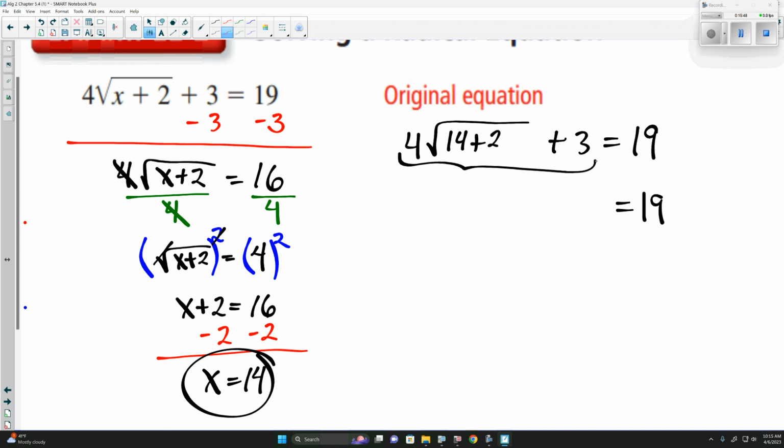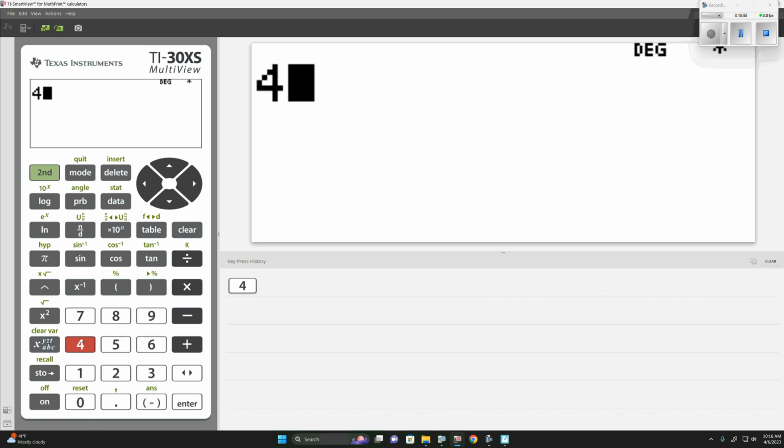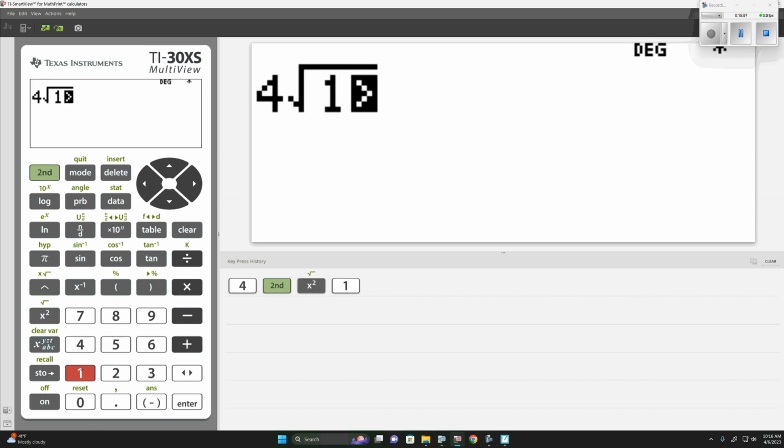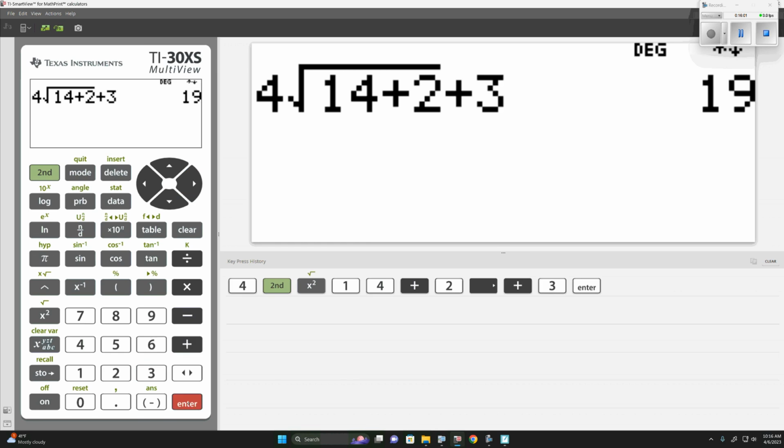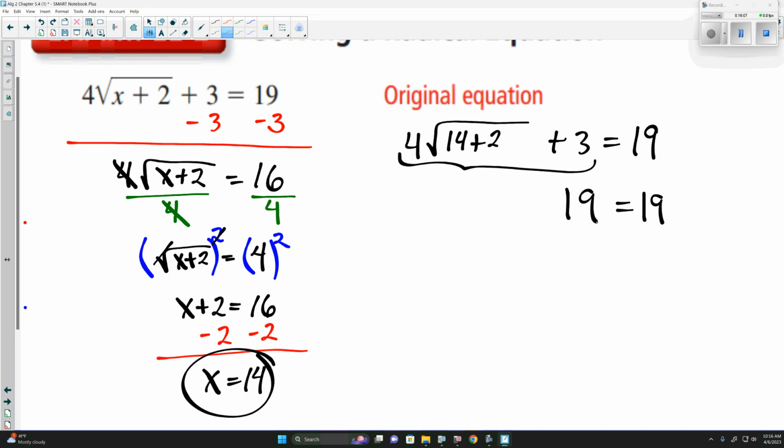And again, on the test, I would set this up to check it and then plug all this in. 4 square root of 14 plus 2 plus 3 is, surprise, surprise, 19. So we're saying 19 is equal to 19. It works, so that's our solution.